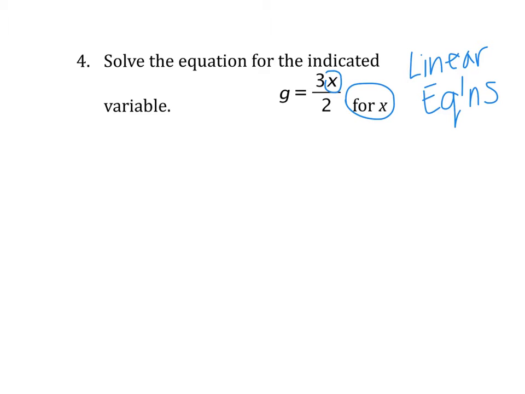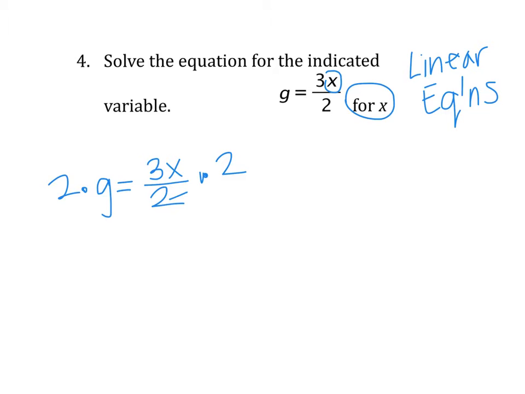So then we have to remember what types of operations to use to work around this fraction. So this 3x or 3 times x, you could also look at it as being divided by 2. So if you want to get the x by itself, you want to get rid of this divide by 2 by multiplying by 2. You're going to multiply both sides by 2.